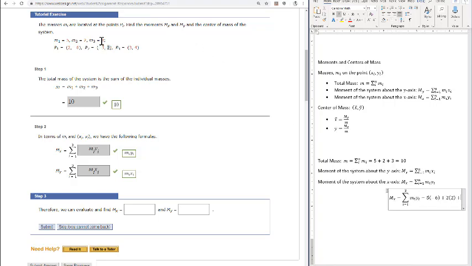And then the last one has a mass of 3 and a y value of 4. So we have -30 plus 4, that would be -26. -26 plus 12 is -14.